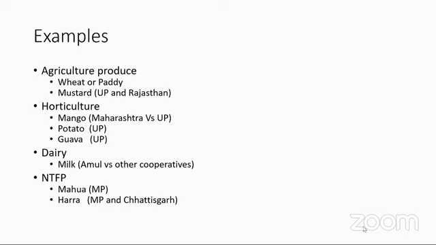Like on NEML auctions took place, on eNAM auctions took place, on multiple other websites auctions took place. Like in Karnataka, they have their own mandi systems. Because you need to ensure that the quality the seller is telling you is the right produce.